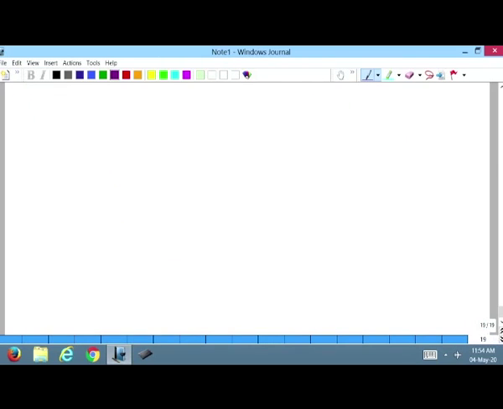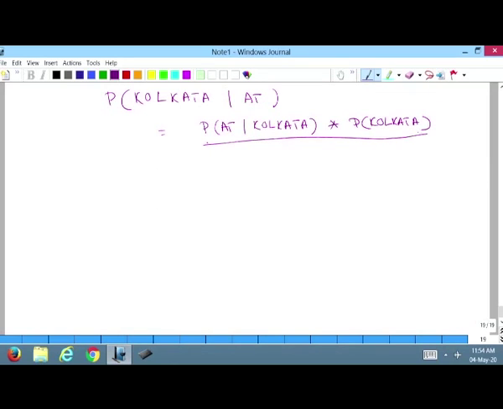Therefore, what we want to know is probability of Kolkata given AT successively, which is equal to probability of two successive letters are AT given Kolkata, into probability of Kolkata, divided by probability of AT as the two successive letters.